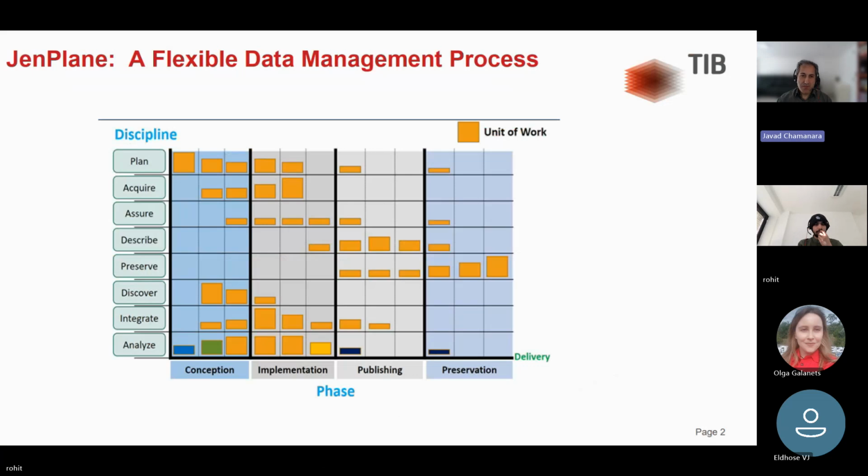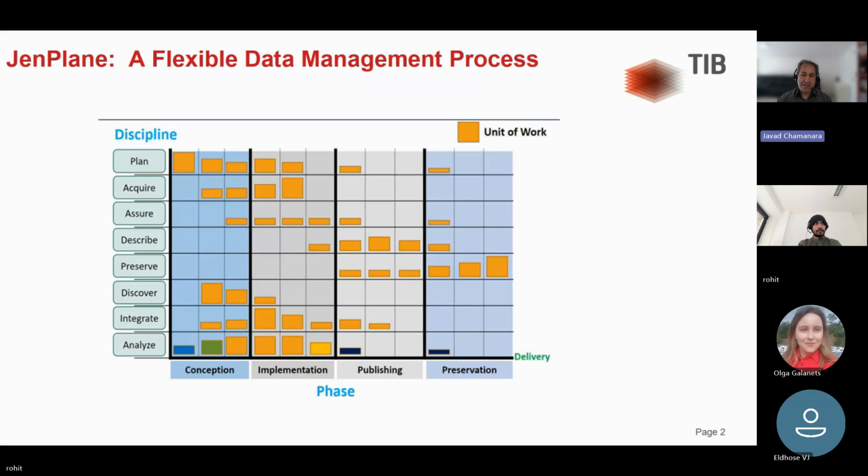So here with JenPlane, we are introducing a flexible data management process, which is basically a Cartesian system with an x-axis here that is toward the delivery, and a y-axis, a vertical axis that is the discipline. Here, the disciplines are basically the, let's say, the working groups or the areas of work that you may need to run your data intensive project.